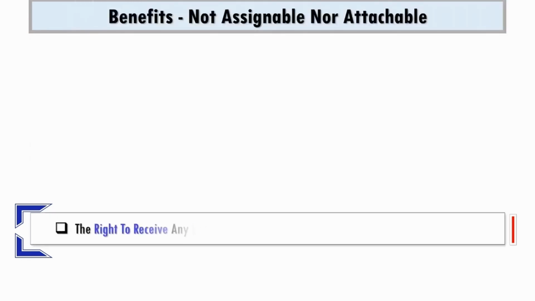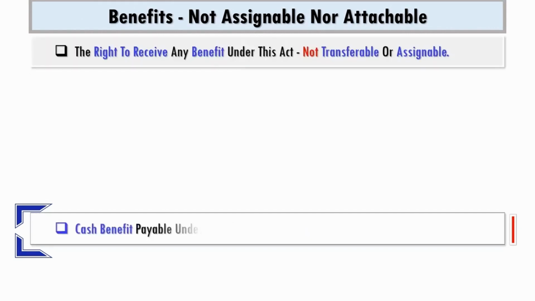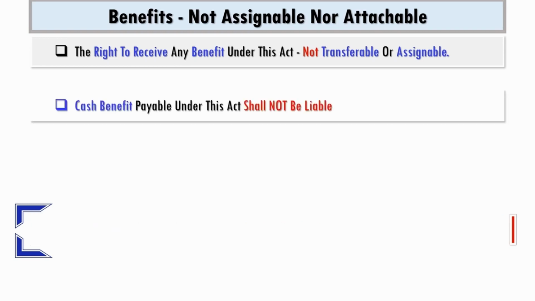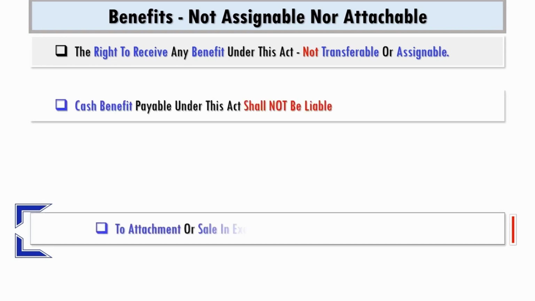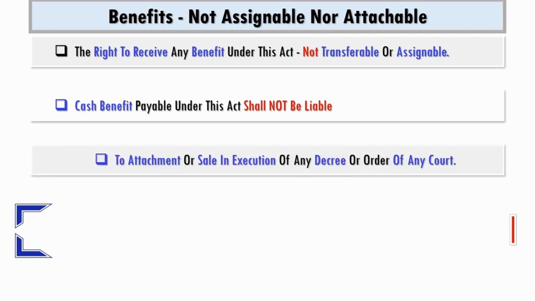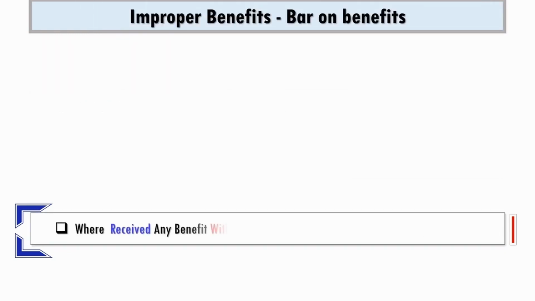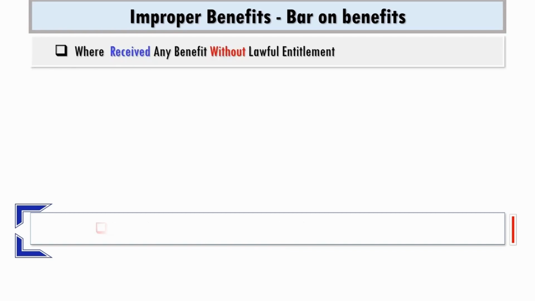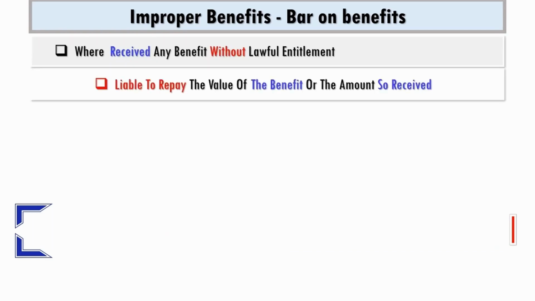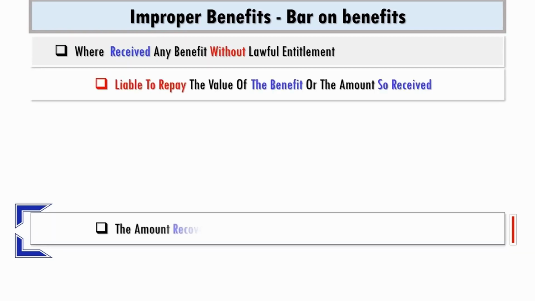Any benefit under the Act is neither transferable nor assignable, and any cash benefit under the Act shall not be liable to be attached under a court order or sold in execution of any decree or order of the court. Any benefit received without lawful entitlement is required to be repaid, else it is liable to be recovered as an arrear of land revenue.